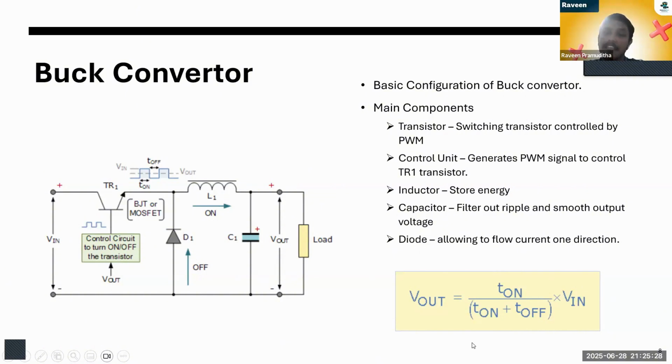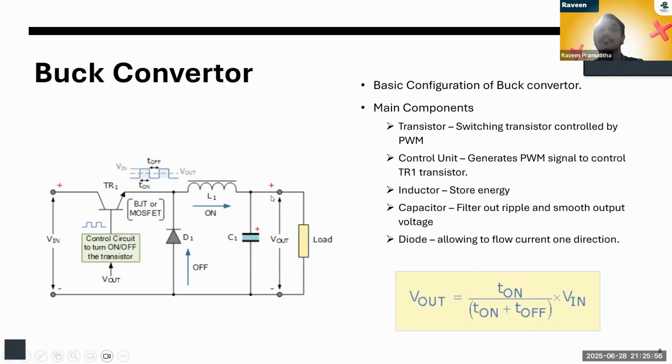We can derive the equation for output voltage using the T on time, T off time, and input voltage. T on divided by T on plus T off means the duty cycle, the ratio of on time over total time. Okay, so this is the equation for buck converter step down conversion.